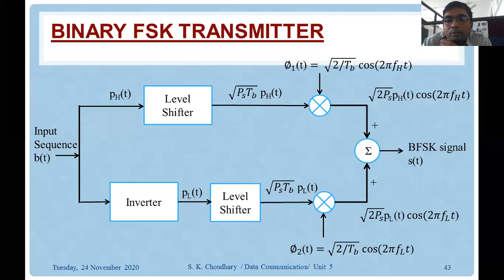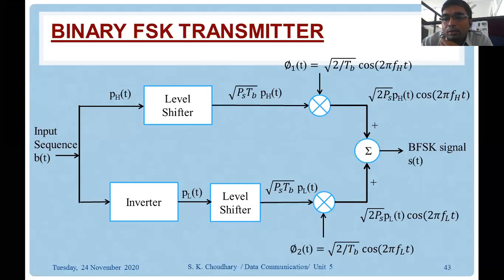Then the level is scaled, giving square root of PS TB PH(t), and on the other end, when we receive binary 0, an inverter is used, giving the opposite signal PL(t), which is passed to the level shifter, giving square root of PS TB PL. Both then go to multipliers with the different orthogonal carrier signals phi 1(t) and phi 2(t), tuned at the different frequencies FH and FL.